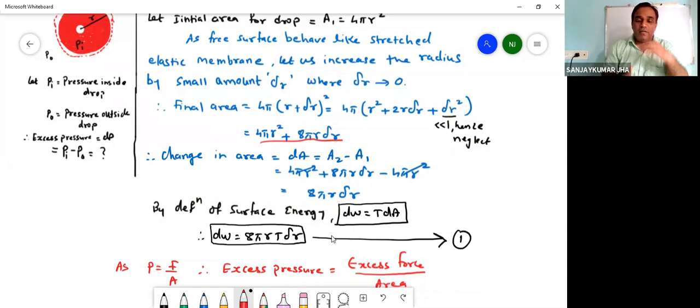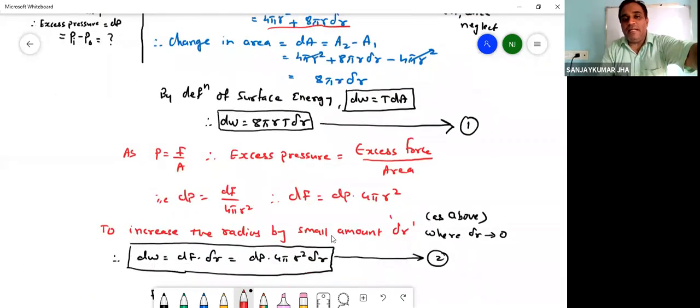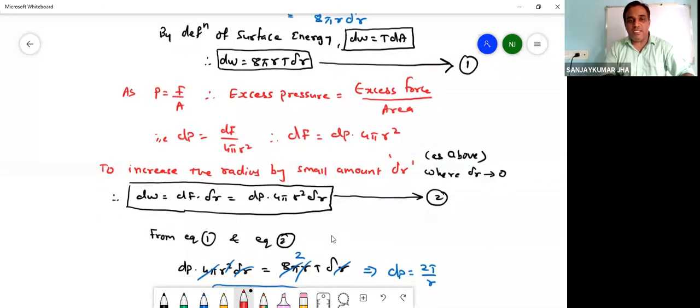Now our concept is that whatever amount of work we are doing, that entire work done is stored in the form of surface energy. So we have mechanical work done from our side. The formula for mechanical work done is force into displacement. But we don't have a force, so we use its alternative, pressure, as pressure is equal to force upon area.